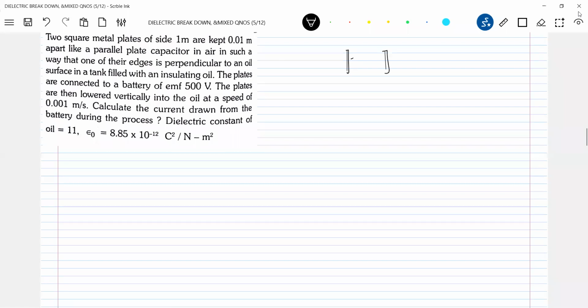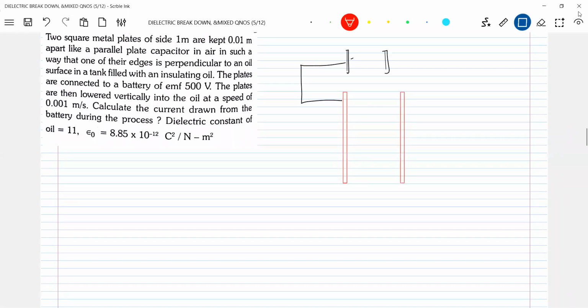This is another plate. So it's telling that again, two plates are there, immersed in a tank which is filled by oil. So there's a tank.